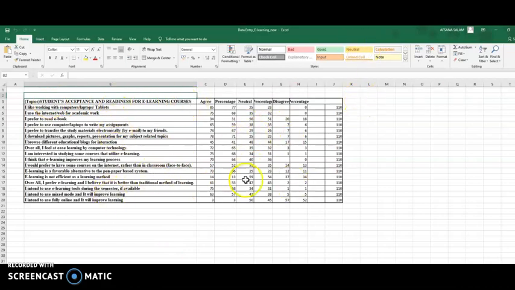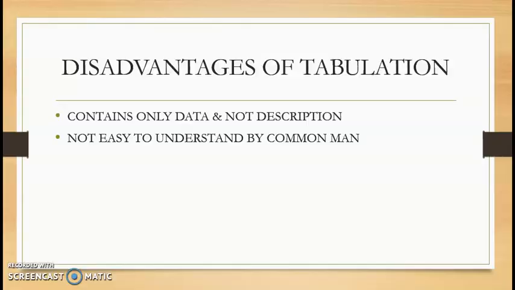These are the answers which you got in the form of numbers, in the form of count and percentage. The total data collected is 110. Without explanation, if you see this, you will not understand what it is. So the layman will not be able to understand. Only with the help of tabulation you need to give the description. If you give a description, only then will a common man be able to understand what is there in the table.